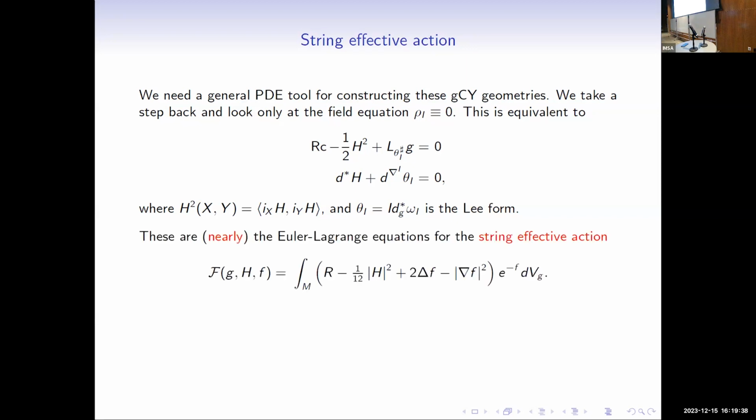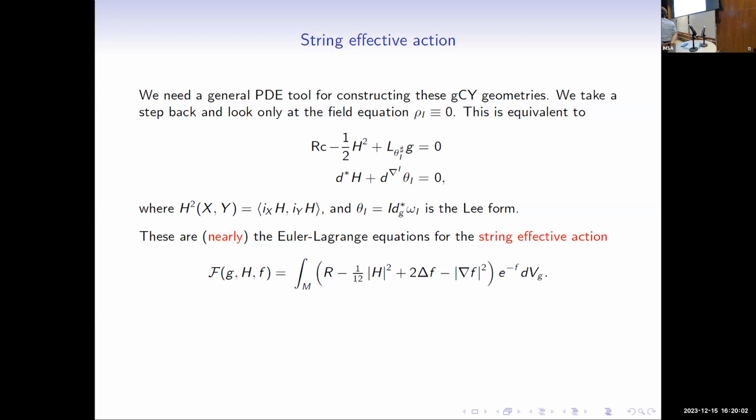Okay, so if I ignore the gauge term, so just ignore the Lie derivative term and the d nabla I theta I term, these are more or less Euler-Lagrange equations for the so-called string effective action. This action appears in Polchinski's book, and I think it goes back quite a long way in math physics. Here I'm integrating, and I have an extra parameter, this function f.